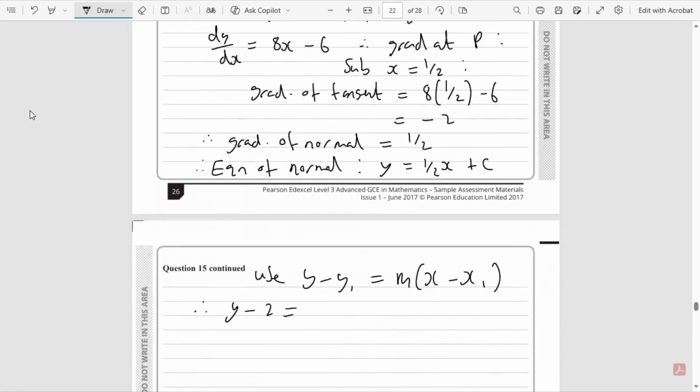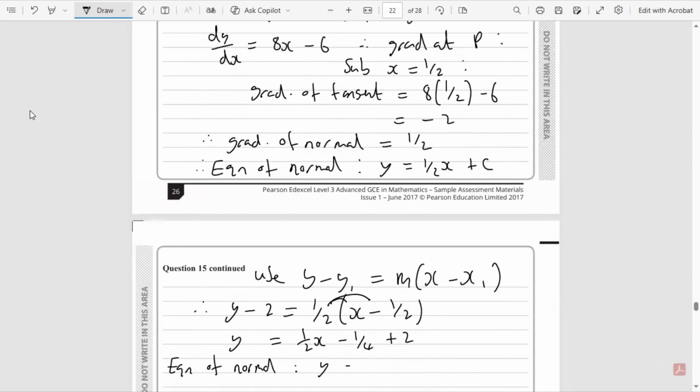So y minus 2 is equal to the gradient 1/2 times x minus 1/2. There we go. So we have y is equal to, expanding the brackets here, 1/2 x minus 1/4. And then if we move the 2 from the left side over, we get plus 2. So the equation of the normal is y equals 1/2 x, and then 2 take away 1/4. That's 8/4 take away 1/4, which gives you 7/4.